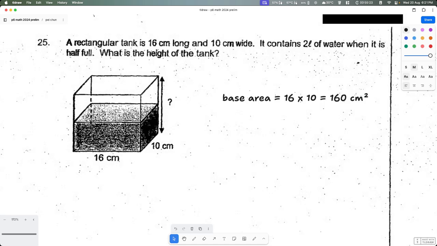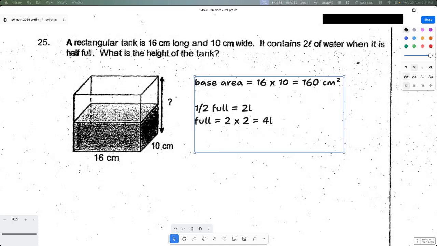Now we know that half full is equal to 2 liters, then full is equal to 2 times 2, which is 4 liters. So that means this will be 4000 milliliters.